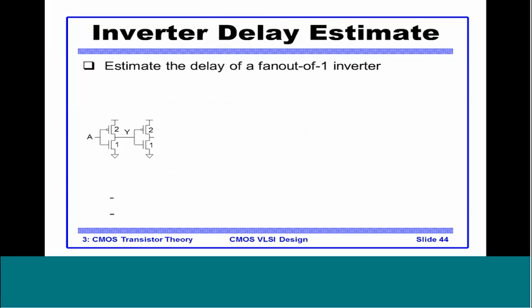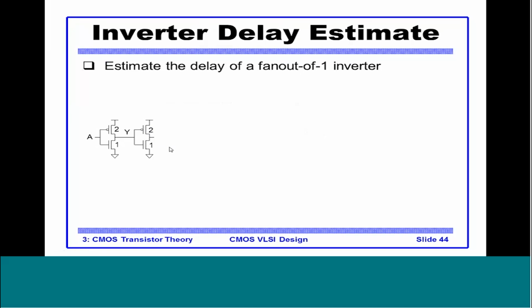Let's estimate the delay of an inverter using this RC delay model. It says to estimate the delay of a fan out of one. The fan out of one means one inverter is connected to another inverter, so it's an inverter pair. Both the inverters are of the same type, that is the PMOS is twice as wide as NMOS.